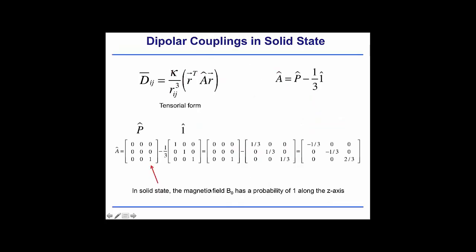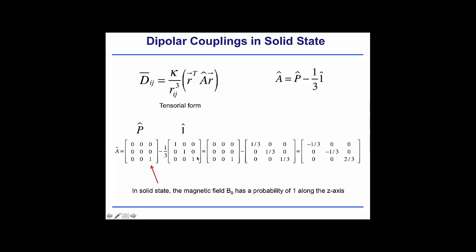So for fun, I decided to do this so you can understand better how RDCs are calculated here. In solid state, the magnetic field B0 has a probability of 1 along the z-axis. So the probability tensor for a molecule in a static condition is 0, 0, 1.